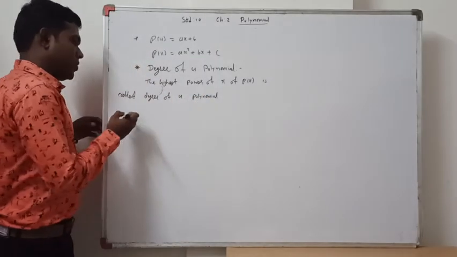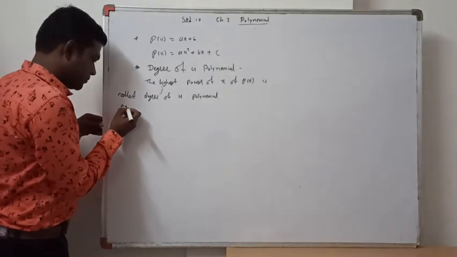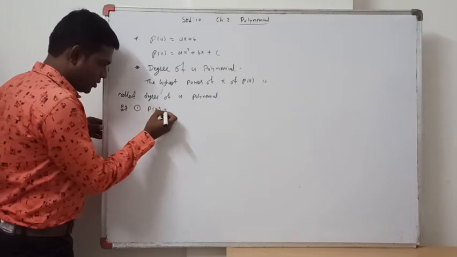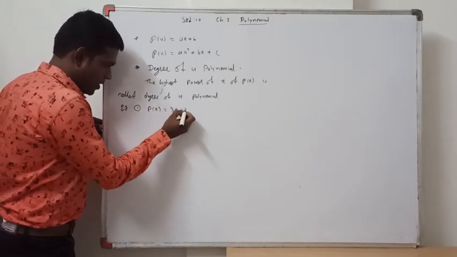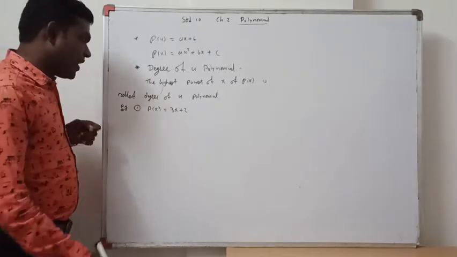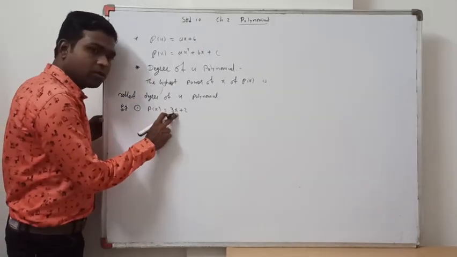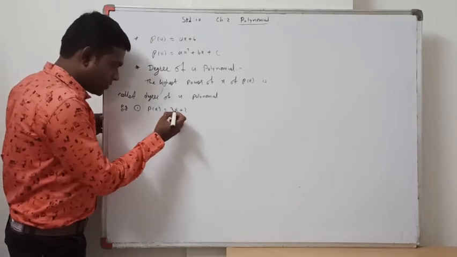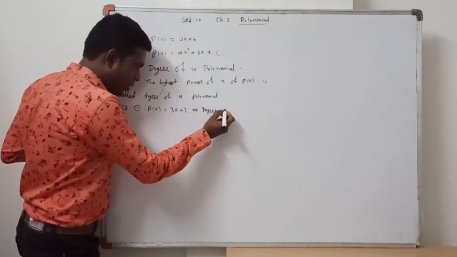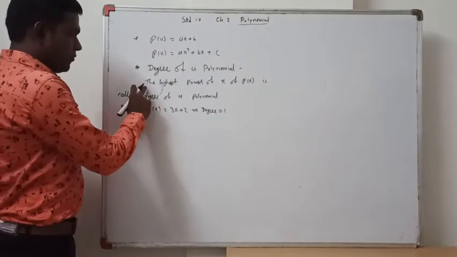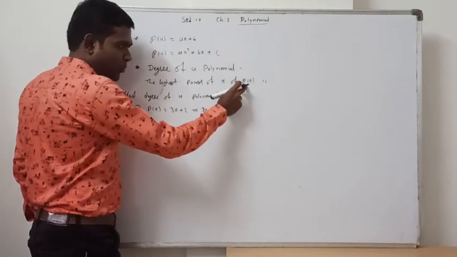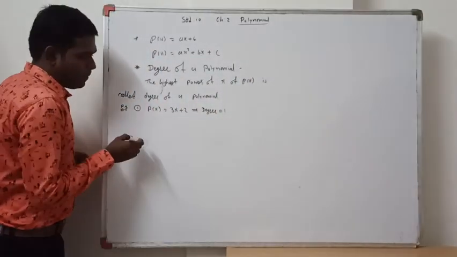Let me take one example. Suppose p(x) equals 3x plus 2. This is one polynomial. In that, the maximum power of x is 1. That's why the degree is 1. The definition is the highest power of x of p(x) of a given polynomial is called the degree of a polynomial.